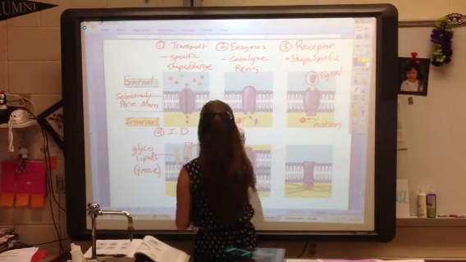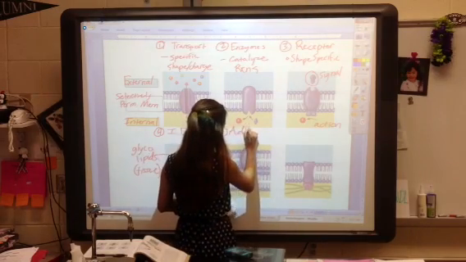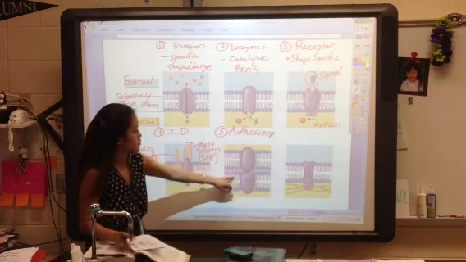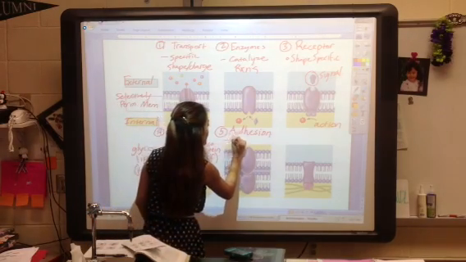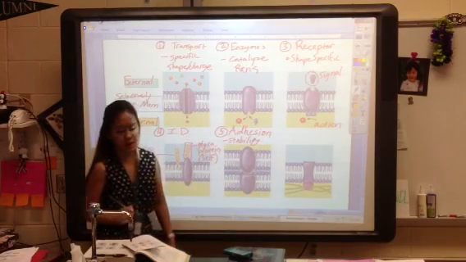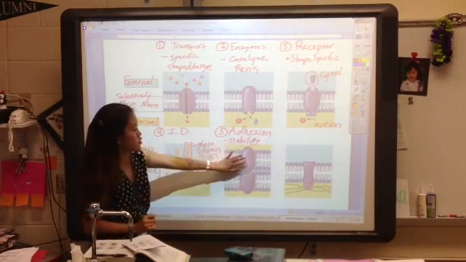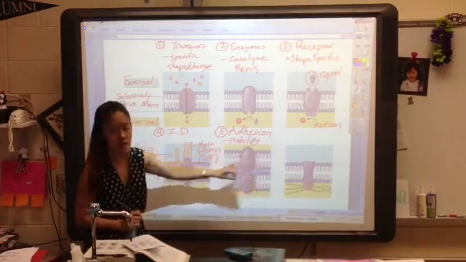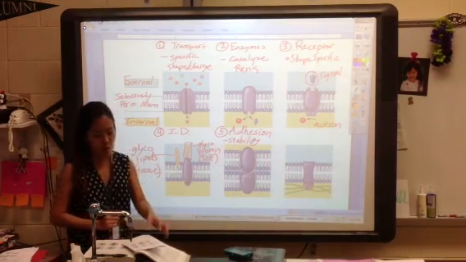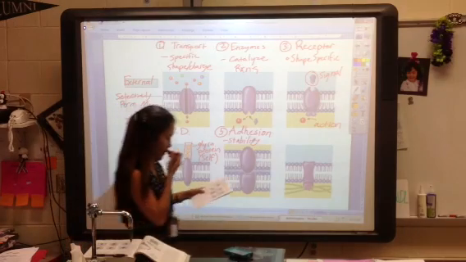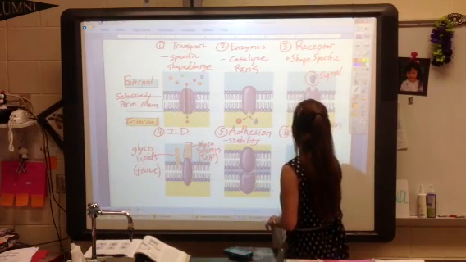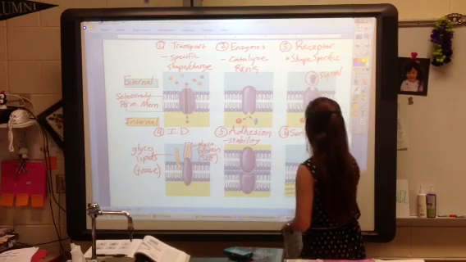The fifth type is going to be adhesion proteins. Okay? These proteins are going to provide stability to our cell membrane. They can adhere to neighboring components, or they can adhere to other cells to create more stability. And then the last type is going to be our surface proteins.